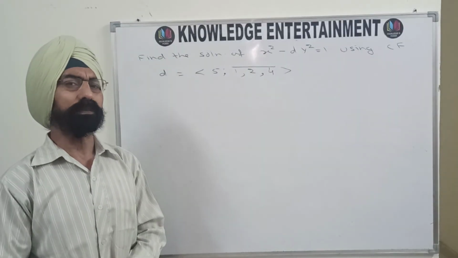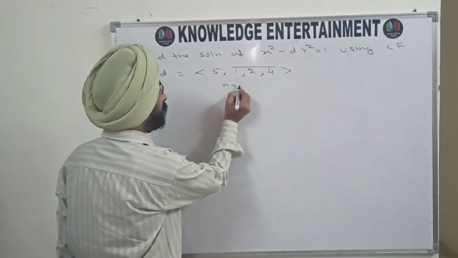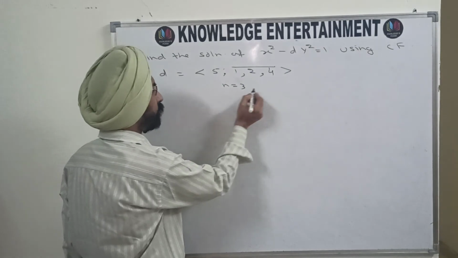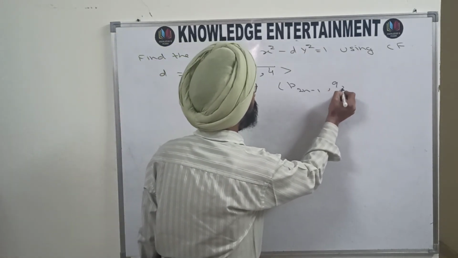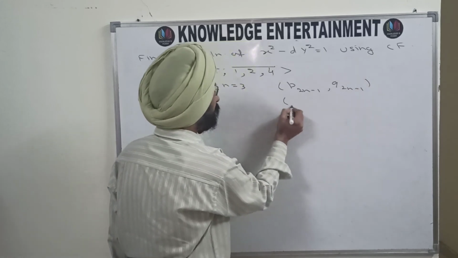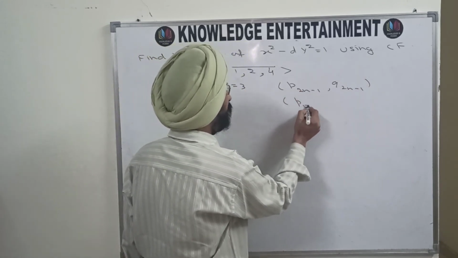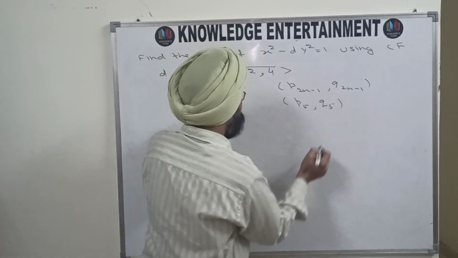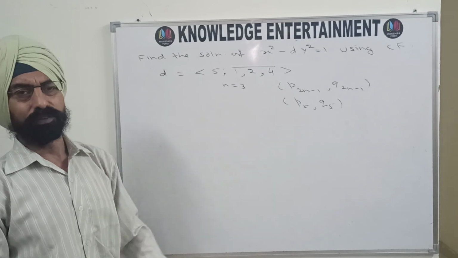And if the length of the period n is odd, and 3 is odd, your solution is P2n minus 1, Q2n minus 1. That means it is 2 into 3, 6 minus 1, P5, Q5.